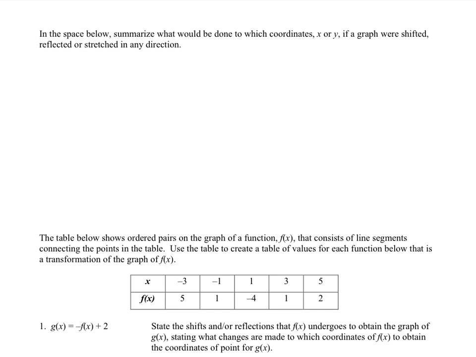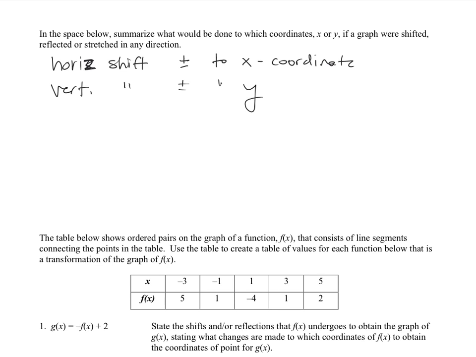Okay, so horizontal shift, add or subtract to the x coordinate. Vertical shift, add or subtract to the y coordinate. I'm using those ditto marks to just say the same thing that's above.